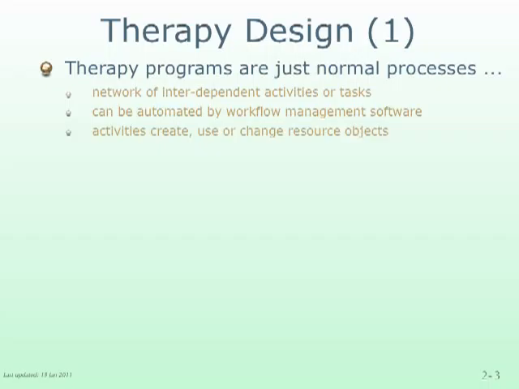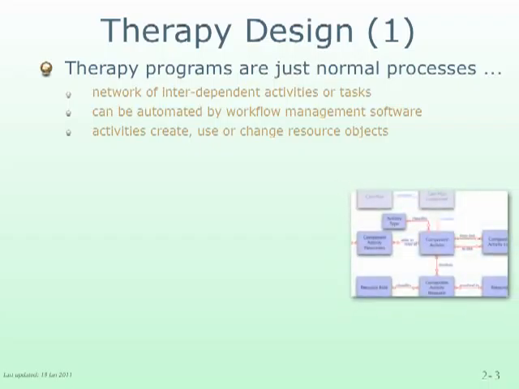And each activity or task within the therapy program workflow can create, reference or modify one or more resource objects of various types. We will investigate these resource dependencies shortly.